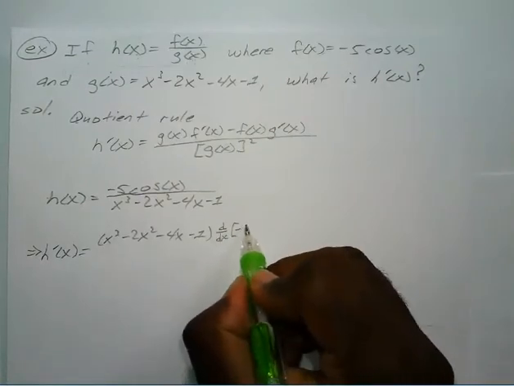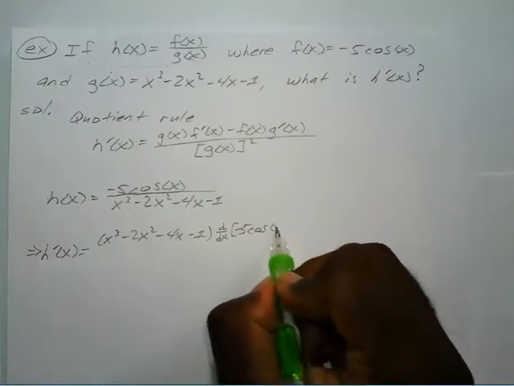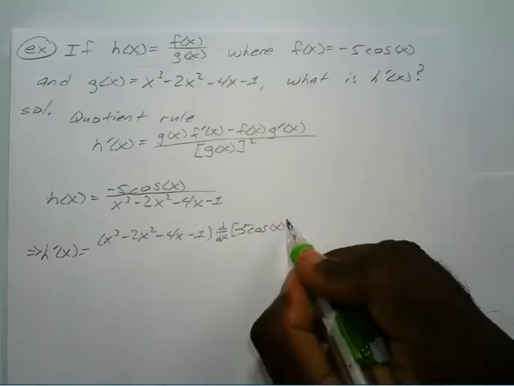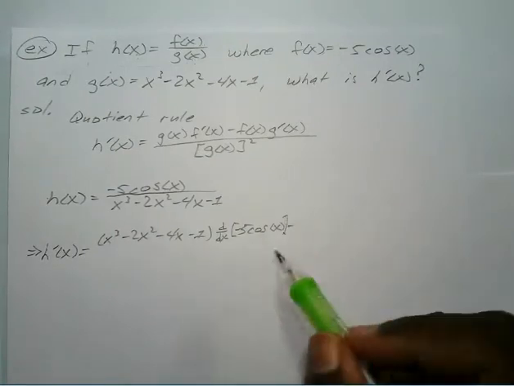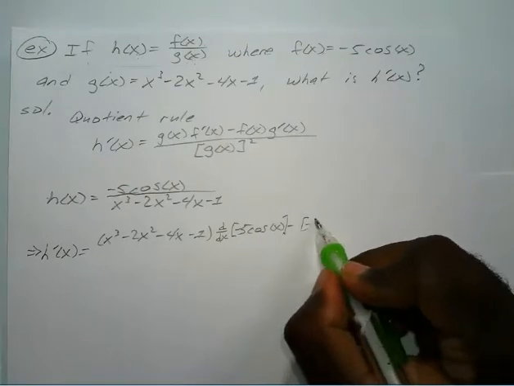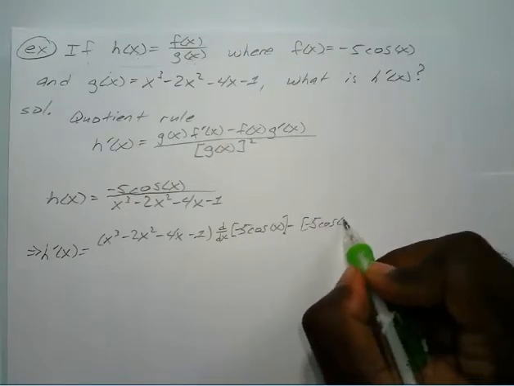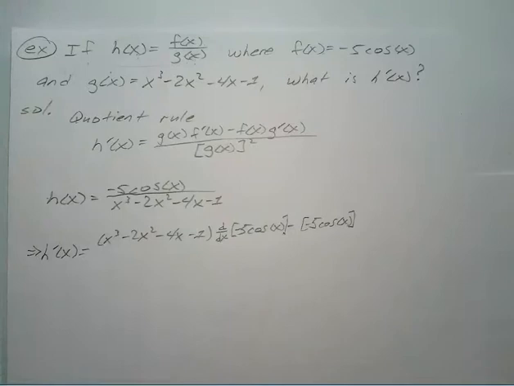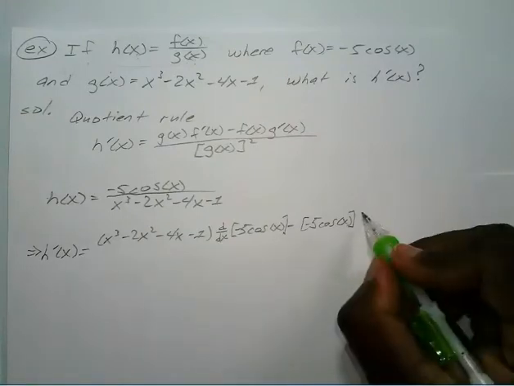So the derivative of negative 5 cosine of x minus, the numerator. So that's negative 5 cosine of x times the derivative of the denominator.